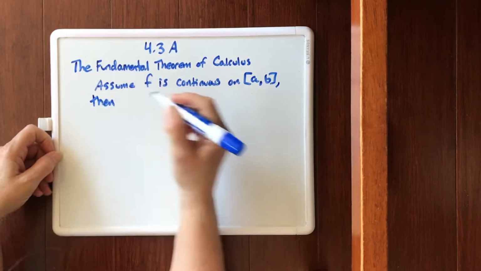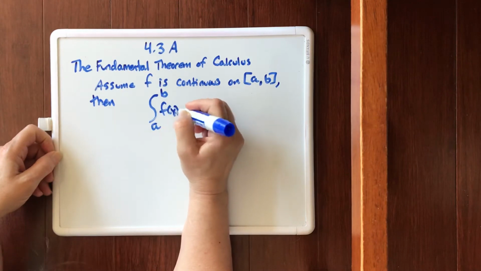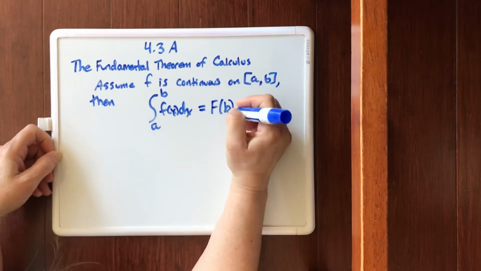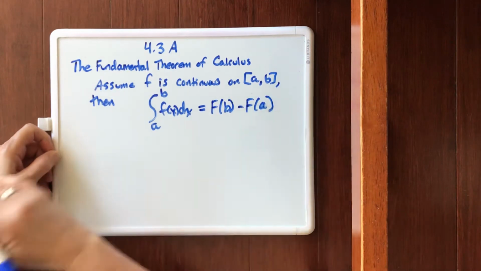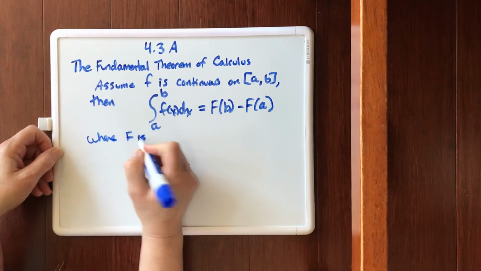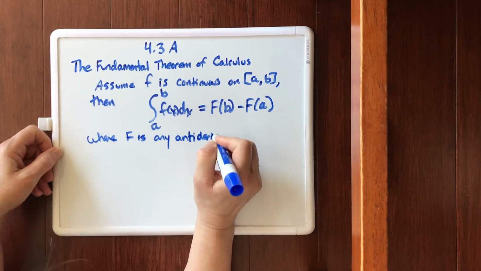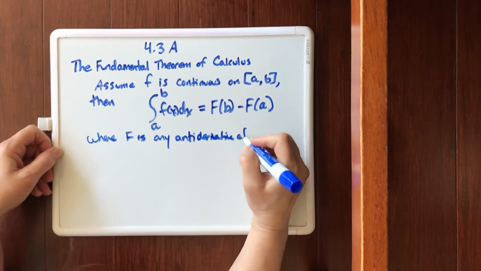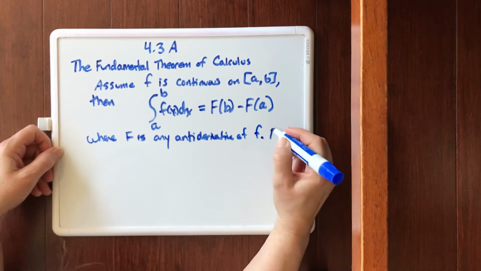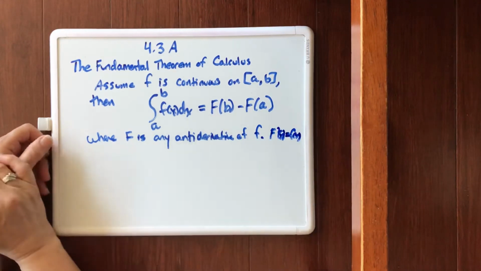Then we integrate from a to b f of x dx, and that equals F of b minus F of a, where F is any antiderivative of f. That is, F prime of x equals f of x.